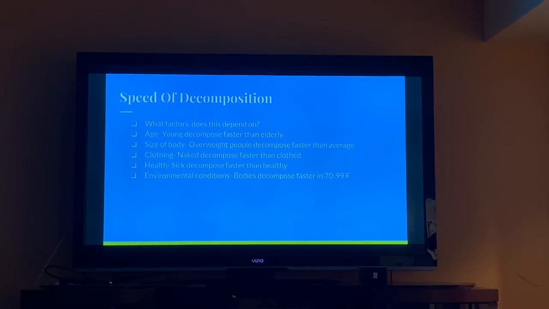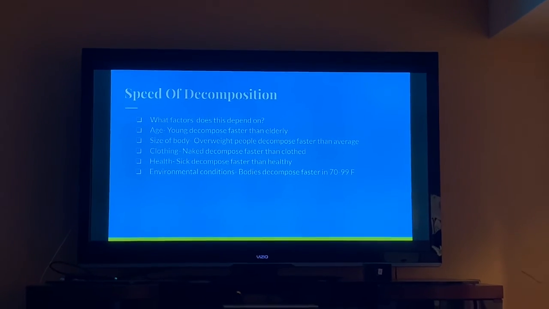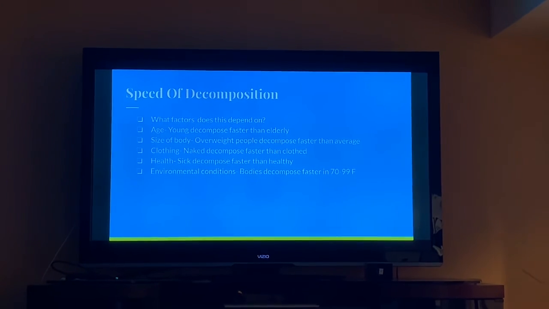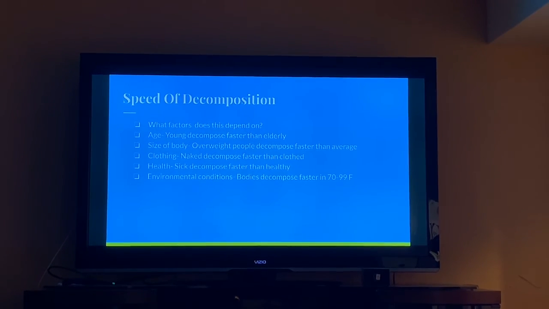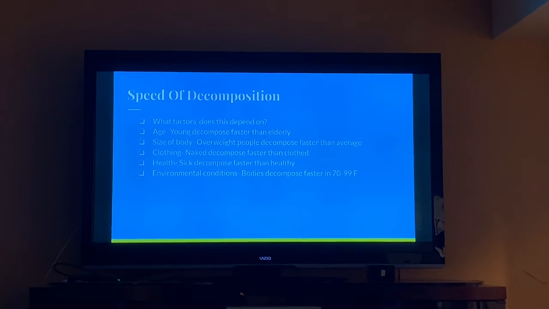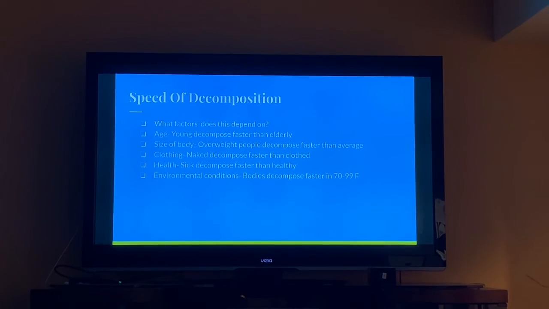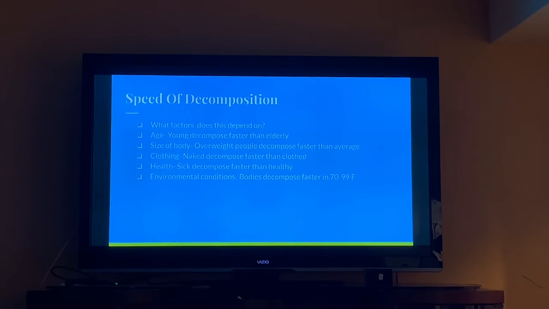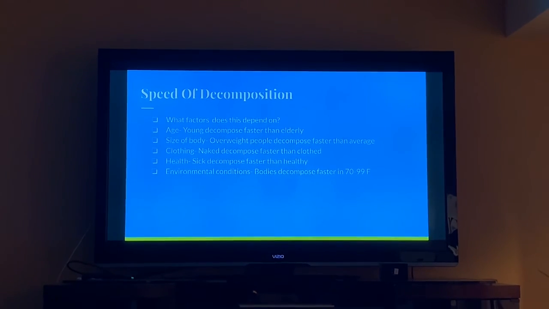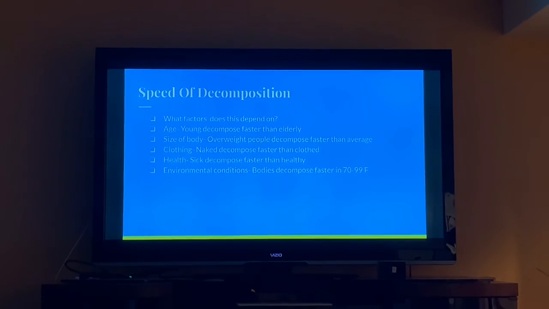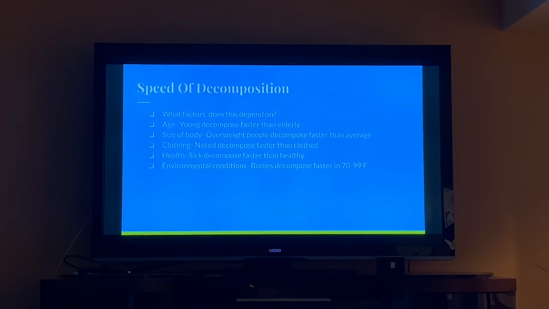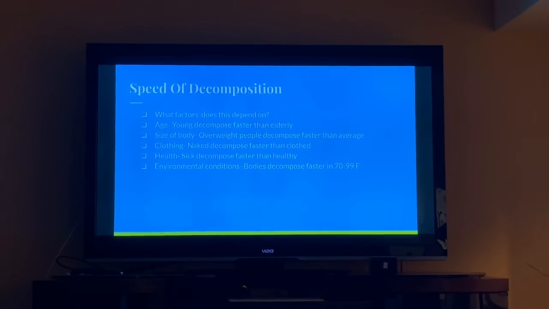Next, we have speed of decomposition. So what factors does this depend on? First here, we have age. And the young decompose faster than the elderly. Next, we have size of body. Overweight people decompose faster than average people.